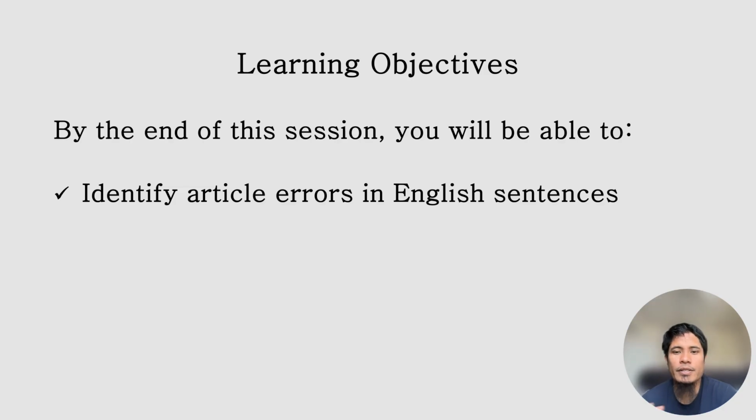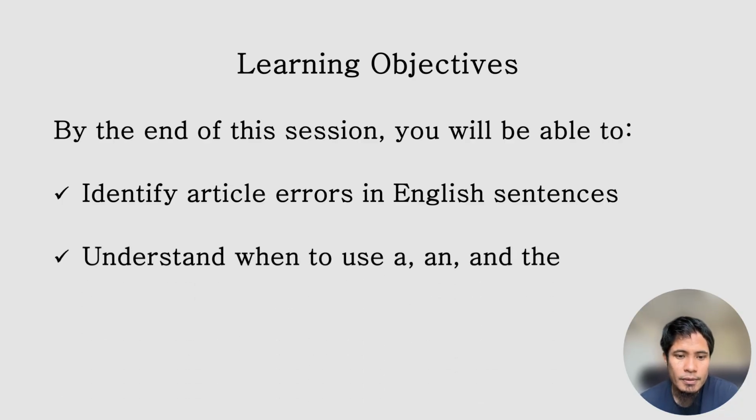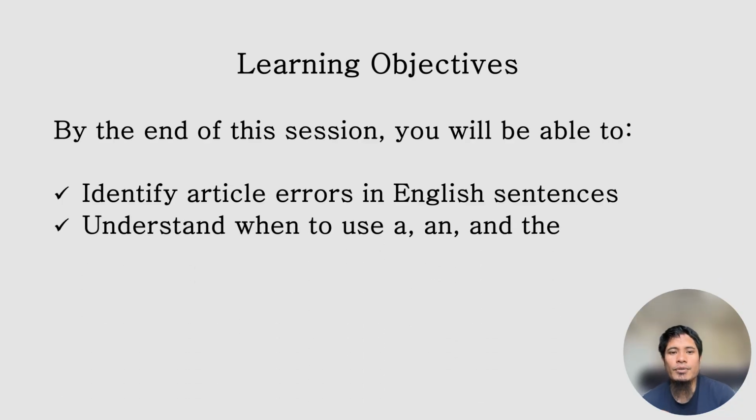This means recognizing when an article is missing, unnecessary, or applied incorrectly. And second, you will understand how to use the 3 main articles in English: article a, an, and the.